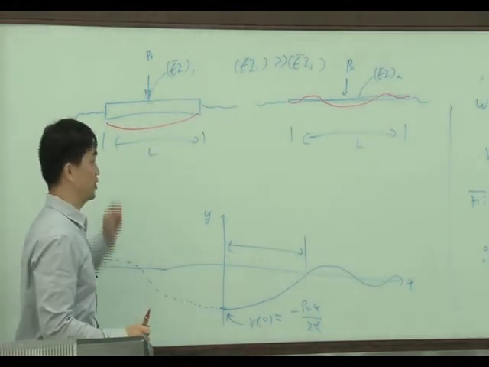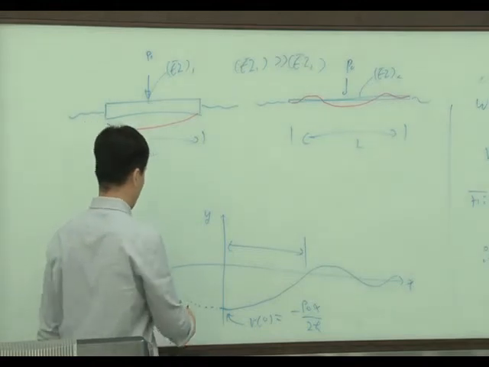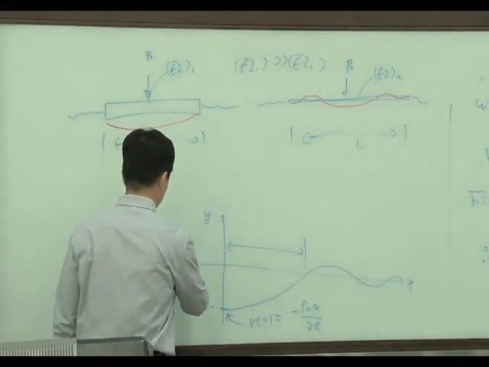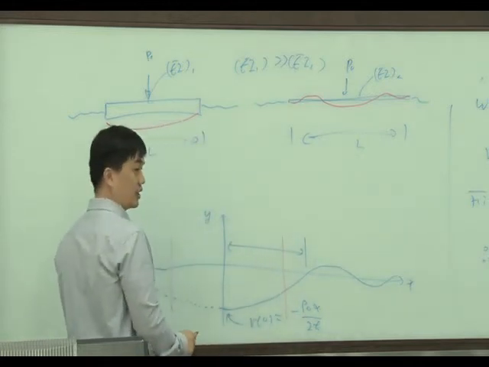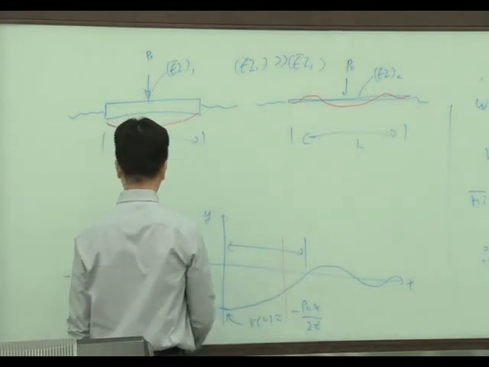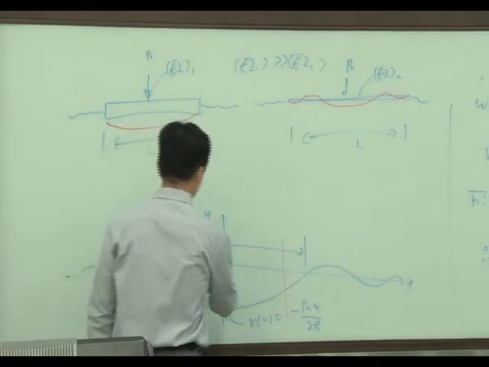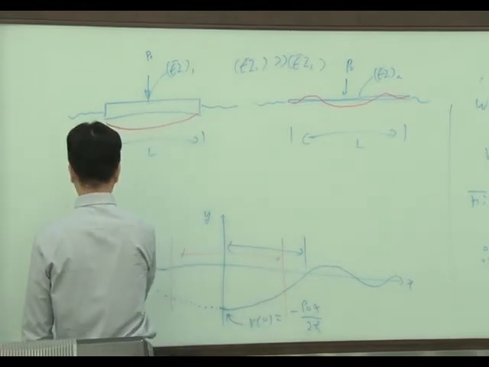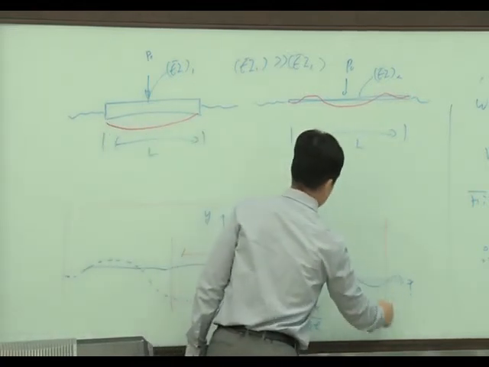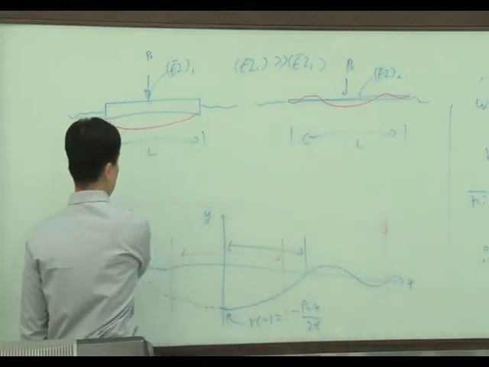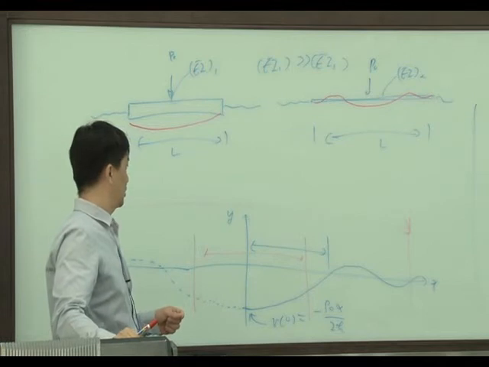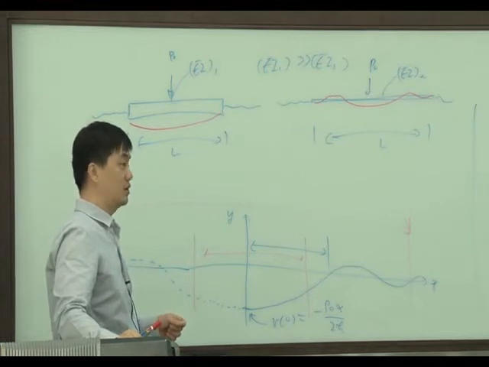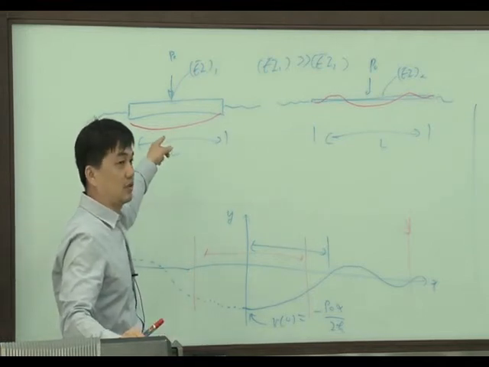So the solution of the first case will be part of the solution from here to here. And the second case solution is a part of the solution from here to here. When K is fixed, the solution totally looks different.